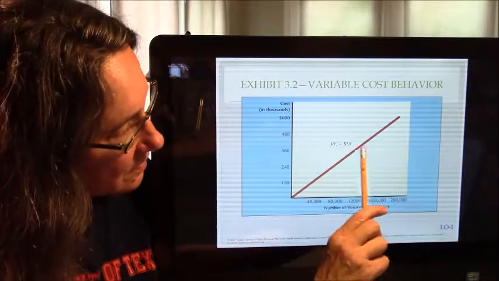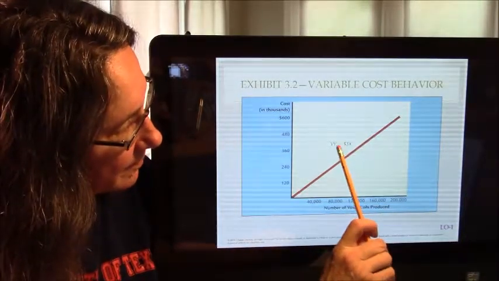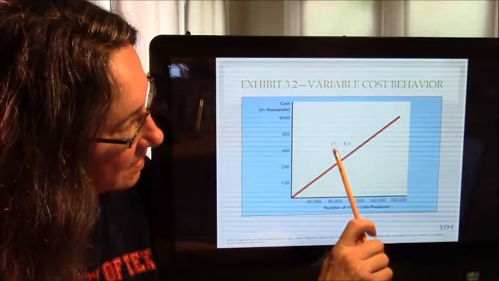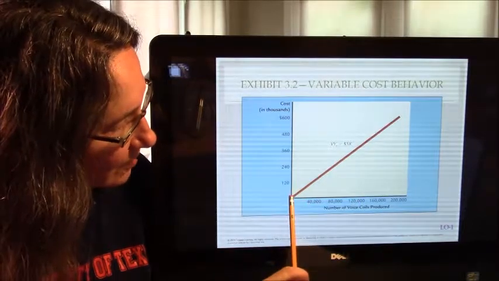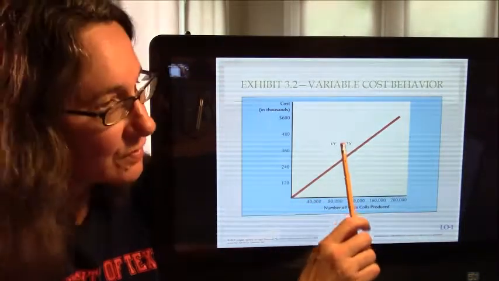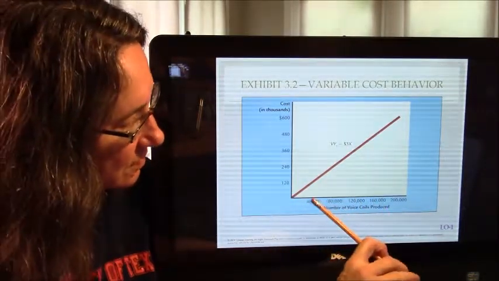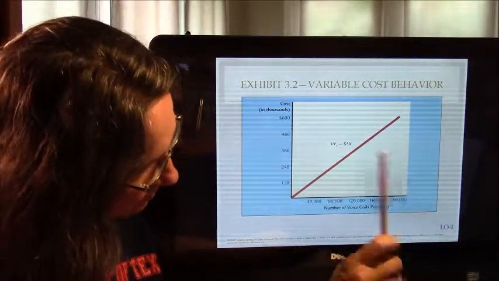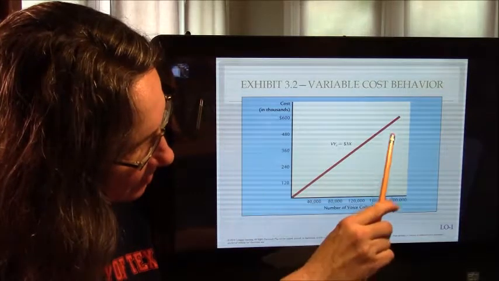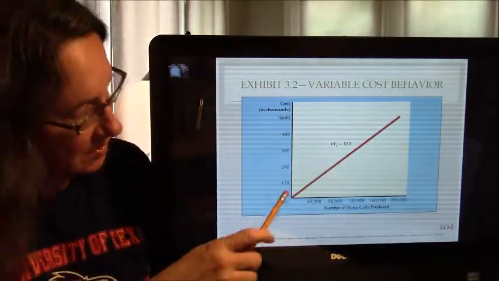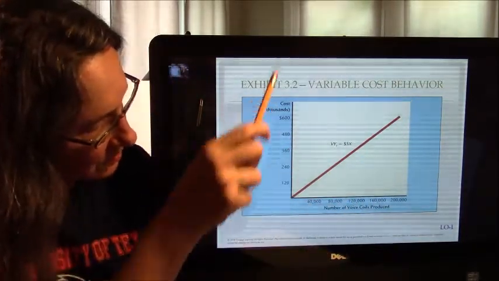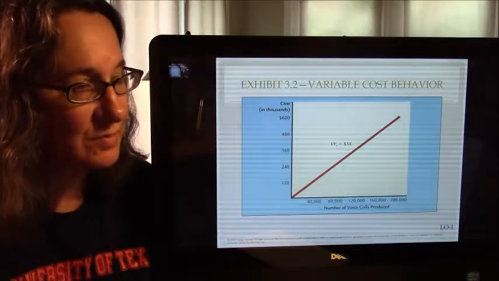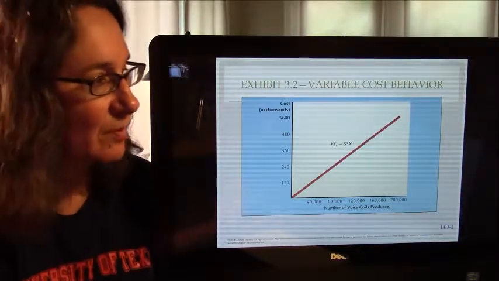So x, let's just draw a line. V, the total variable cost, is equal to 3x, right? So the slope of this line is 3, right? So there you go. Every time you produce another unit, you add 3 more to the variable cost. All right, that's it. Pretty simple. So you've got fixed, you've got variable.